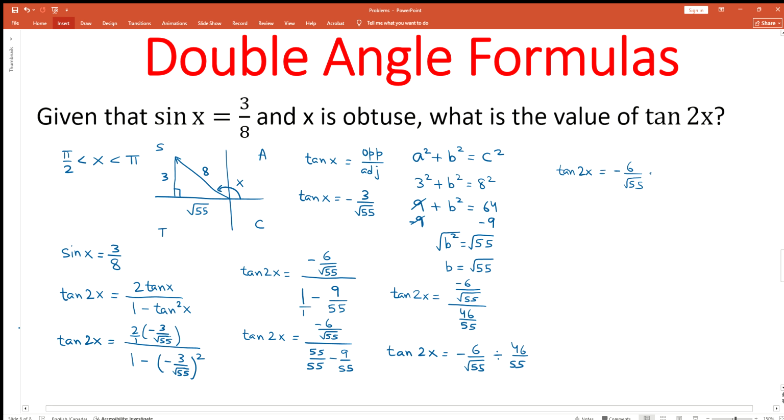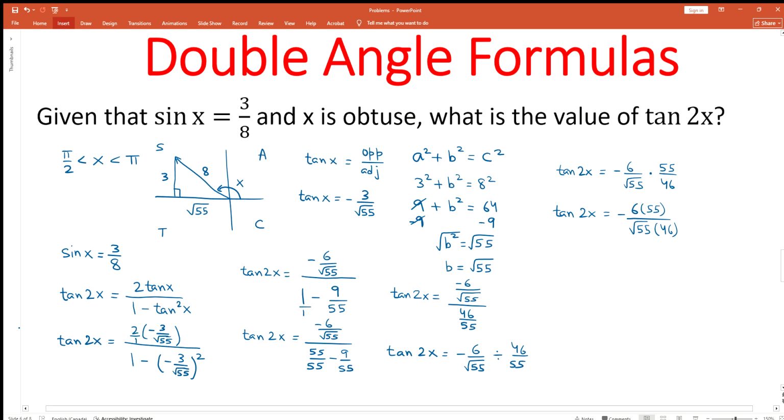We should flip the fraction 46 over 55 to 55 over 46. Next, we can multiply the fractions. I get 6 times 55 over square root 55 times 46.